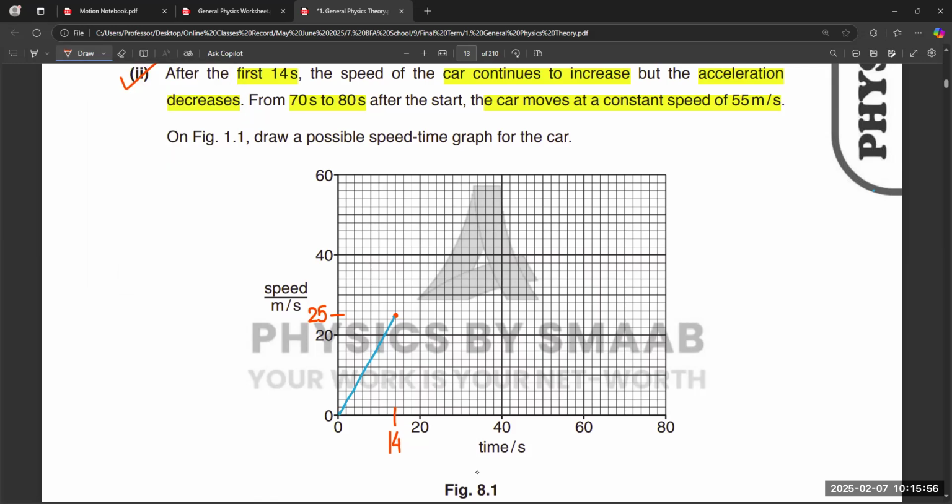So 55 is here. And from 70 to 80 seconds, 70 is here.